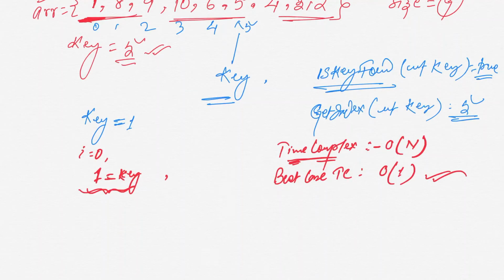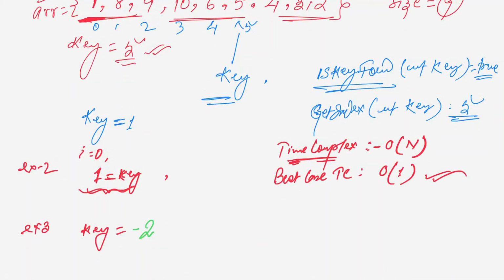Okay, take another example. Suppose the key given is -2. In this case, what are we going to do?